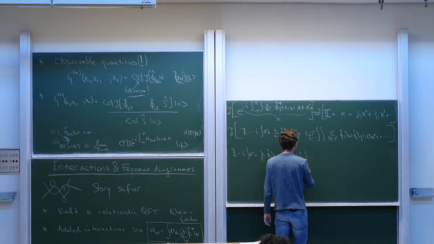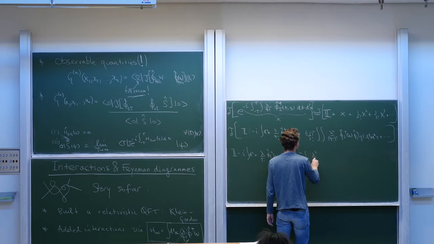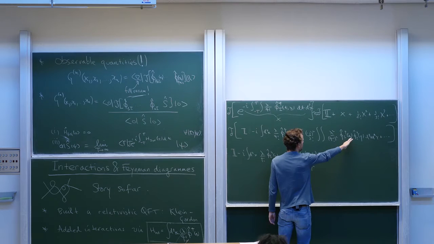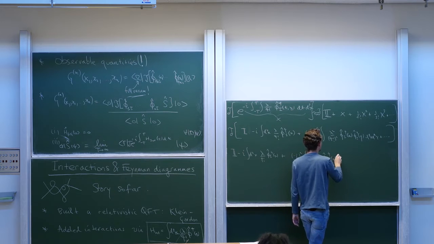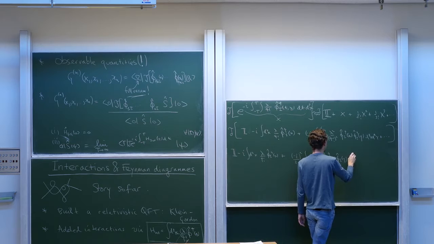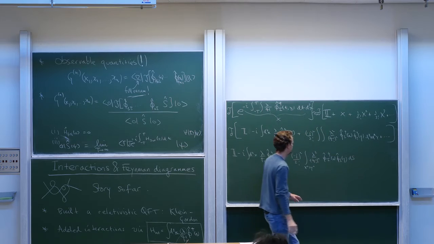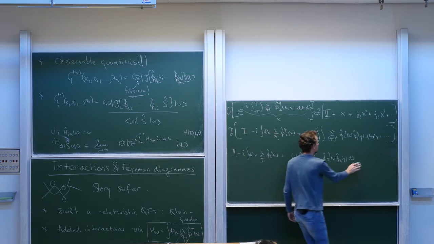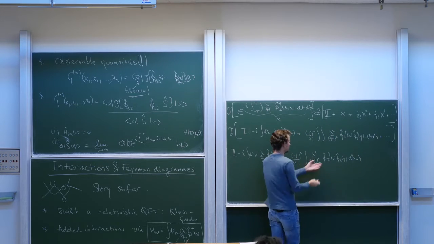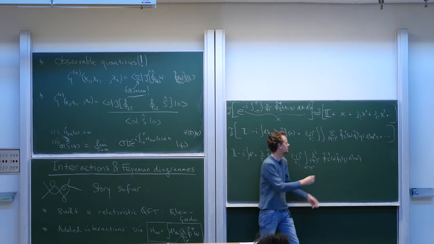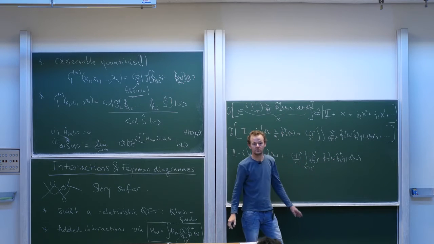There's the integral over x naught being bigger than y naught, in which case that's okay, that's already in time order here, d4x d4y. Plus, there's another integral where these guys have to be exchanged around because they're in the wrong time order.